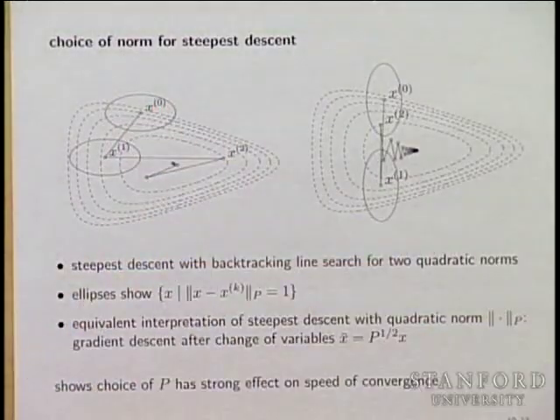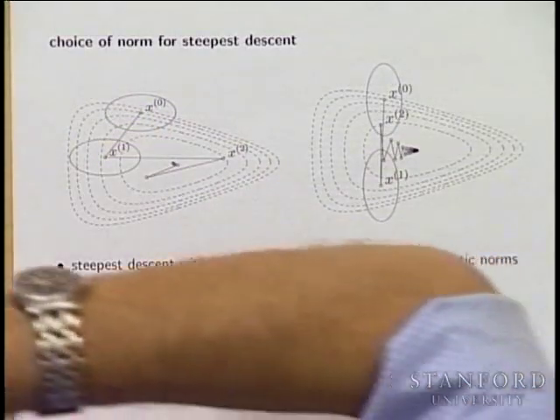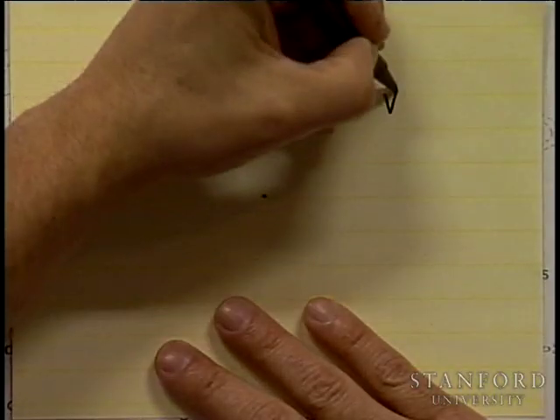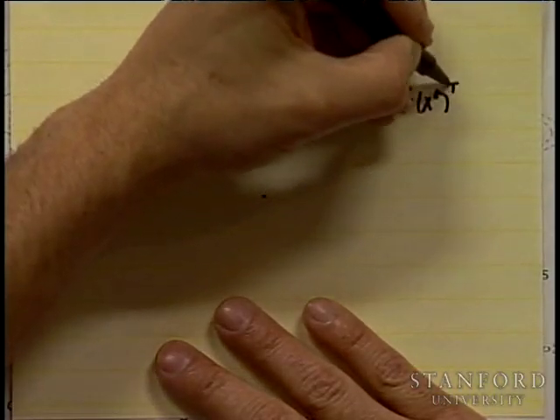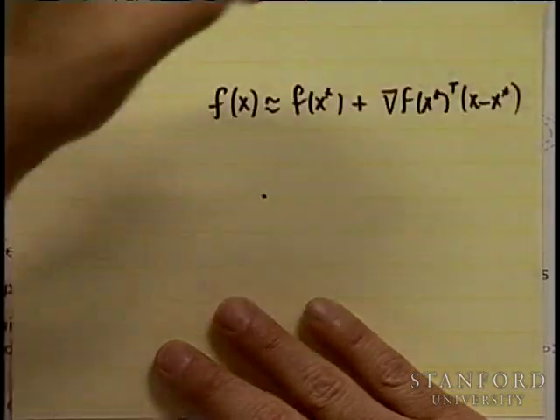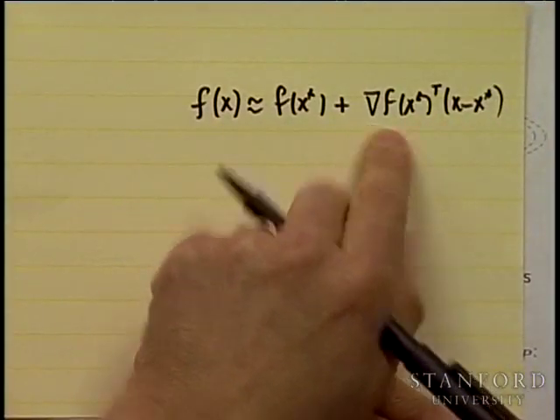Now, there's a very obvious choice, though. Let me motivate it this way. Suppose you're near the minimizer, and the function is smooth. What does the function look like near the minimizer? What's an approximation of f near the minimizer? It's equal to f of x star, plus grad f of x star transpose times x minus x star. What's that? That's 0.